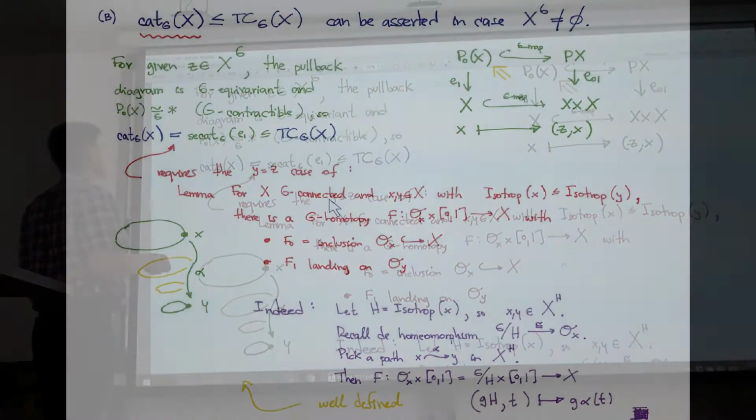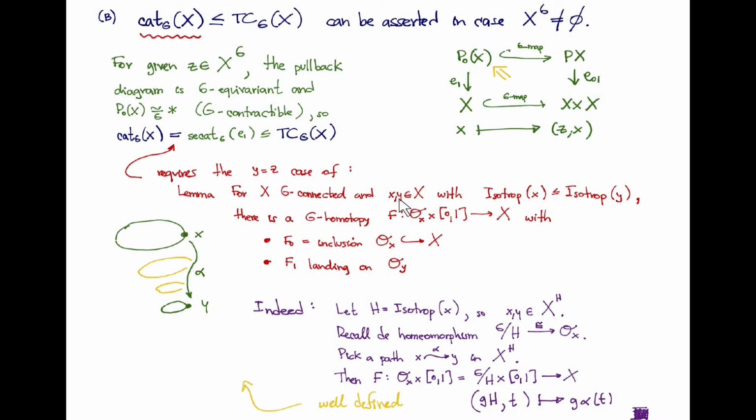Namely, if you have a G-connected space and you have two points so that the isotropy groups satisfy these inclusions, then you have a way of deforming this orbit to this other orbit. That only depends on taking a path between these two points and then extending it, sending this orbit into the corresponding orbits. Details are written in here.